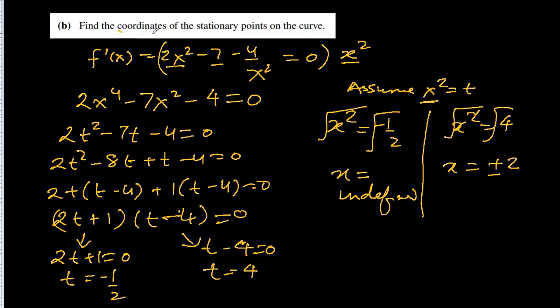So they say coordinates of the stationary points. We got the x coordinates, plus and minus 2. Let's find the y coordinate. For the y coordinate, which is equal to f of x, let's put these into the given equation of the curve that we found in part 1. Let me go to that one again.